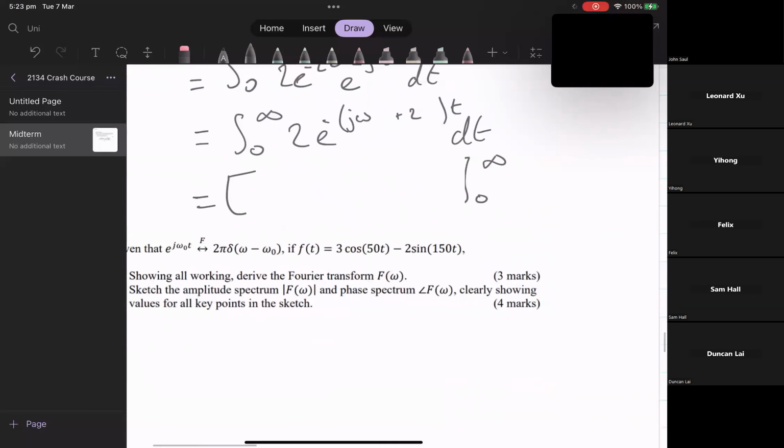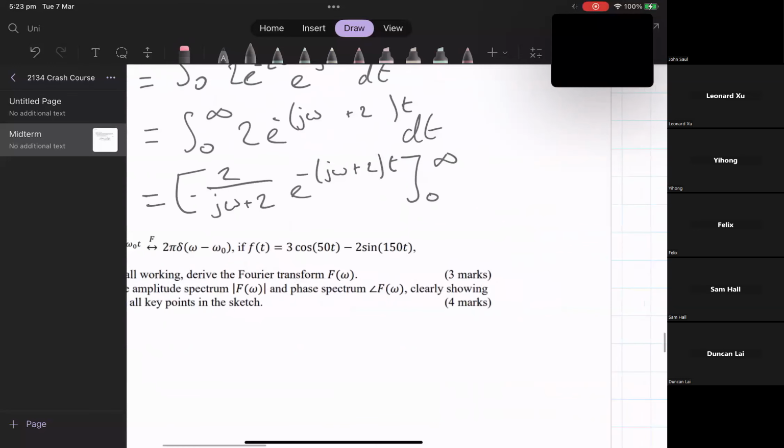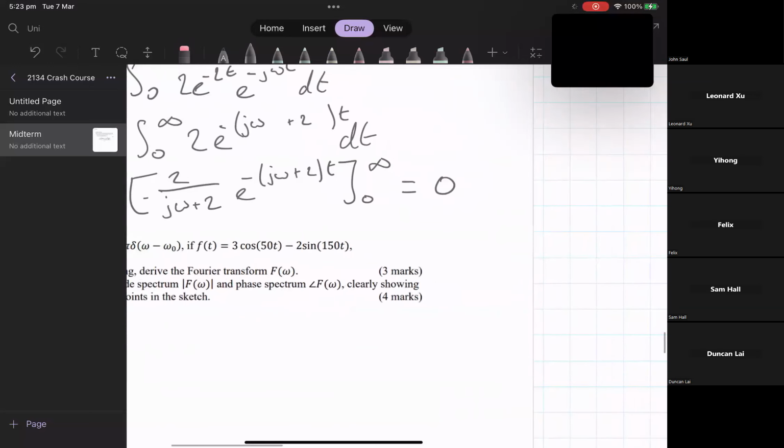On these bounds, we can see that the exponential of negative infinity will be 0, so that equals 0, and then the exponential of 0 will be 1. So that's 0 plus 1 over j omega plus 2.